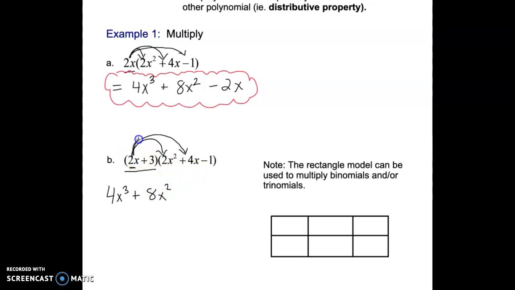And 2x multiplied by the negative 1 leaves us with negative 2x.